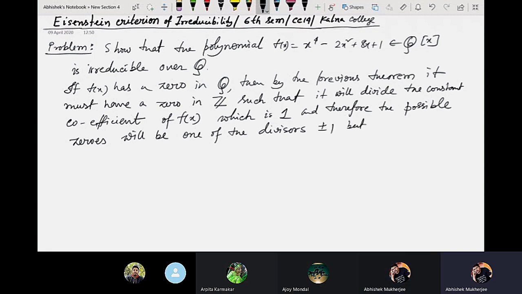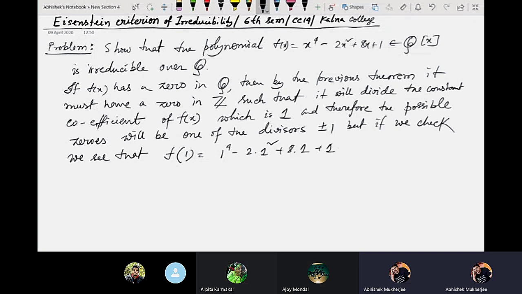But if we check, we see that f of 1 is 1 to the power 4 minus 2 times 1 square plus 8 times 1 plus 1. So that means it is 1 minus 2 plus 8 plus 1. So therefore it is 8, which is not equal to 0.